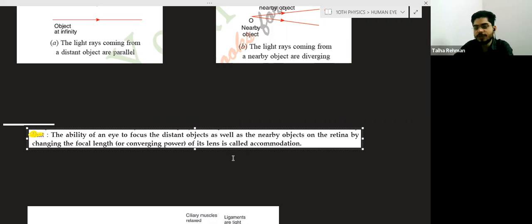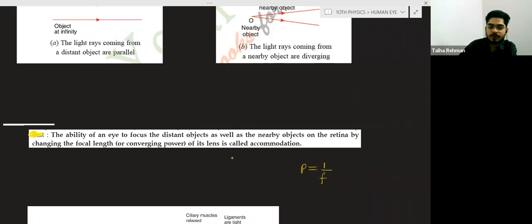I have told you the ciliary muscles in our eye are able to change the shape of the lens, and due to the change in the shape of the lens, the focal length can be changed, and so the power of the lens can be changed, because power is equal to 1 by focal length.